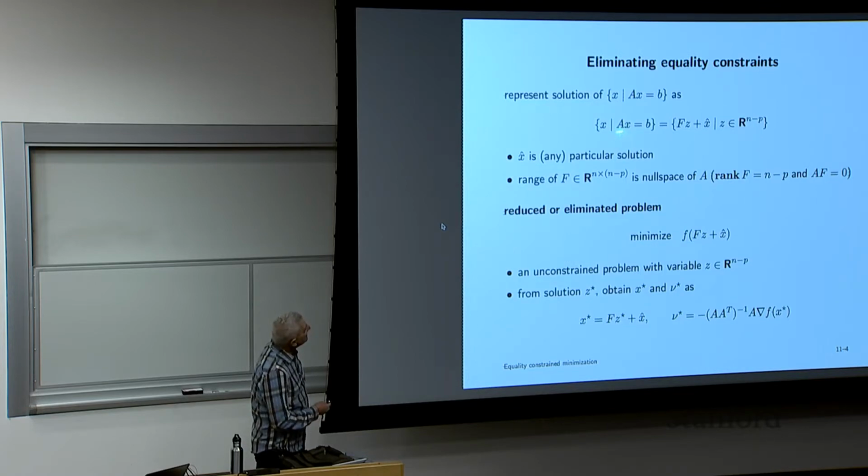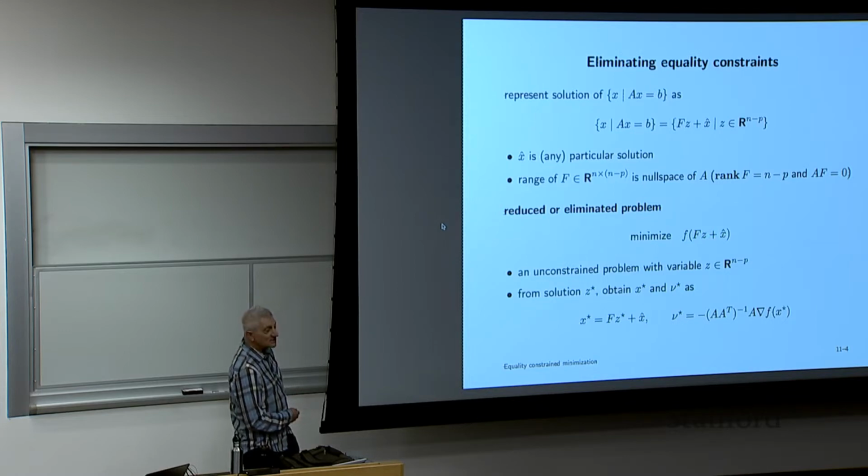Then you'd call this a free parameterization of this set, which is an affine set described by constraints, right? So that's how you describe that. Okay. Then you just solve this problem, right? Because everything that satisfies Ax equals b has exactly this form. And now that's an unconstrained problem with some variable z.